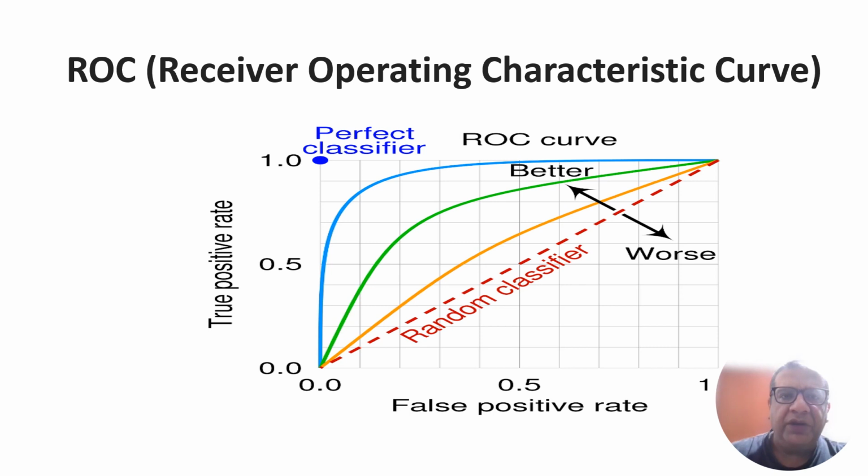Now, how do we create a ROC curve? ROC curve is built on predicted probabilities. When you ask a classification model whether something is spam or non-spam, it doesn't simply guess. Internally, the model calculates a probability. It tests different thresholds.